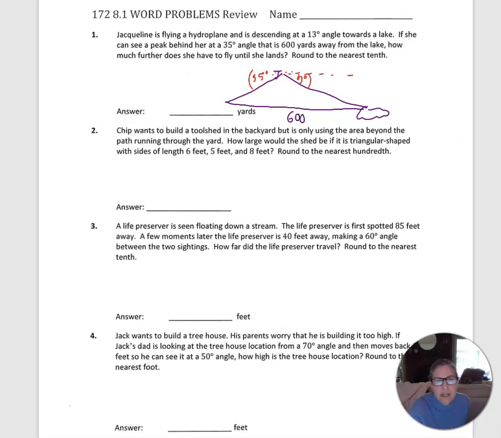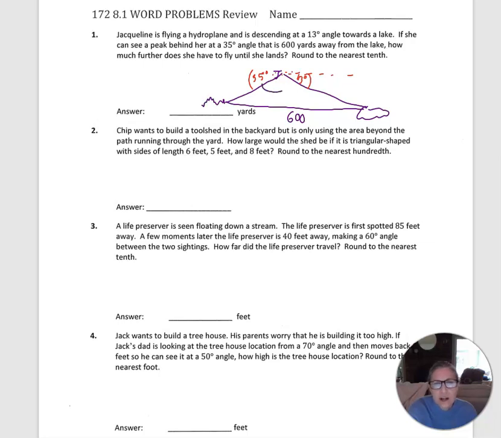Now, what's confusing here is up here with this angle stuff. Again, the angle that she looks at the lake is 13 degrees, so that's 13. The angle that she looks at the peak, okay, so pretend like this is the peak, there's the peak right there, is 35 degrees.